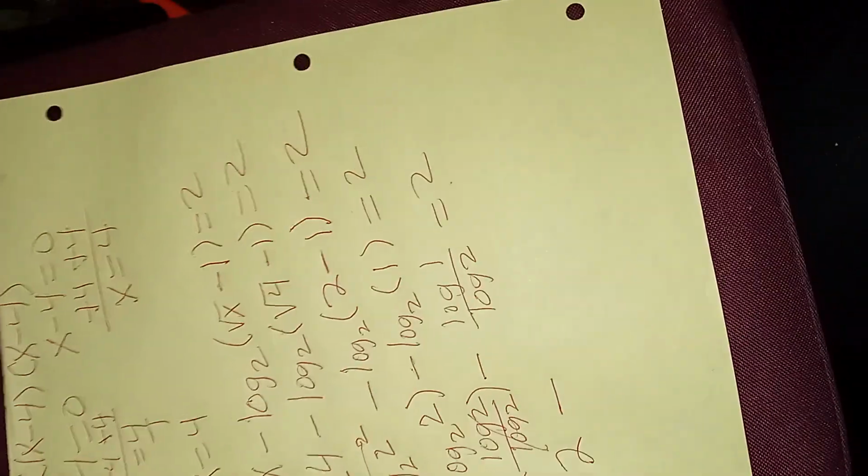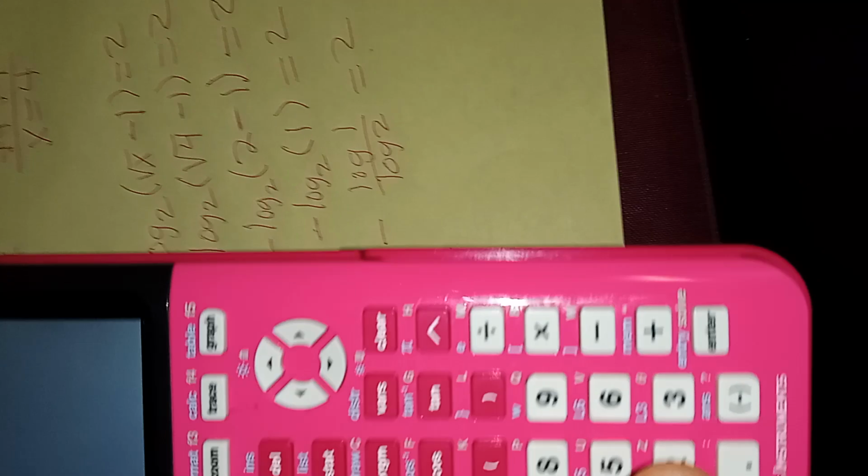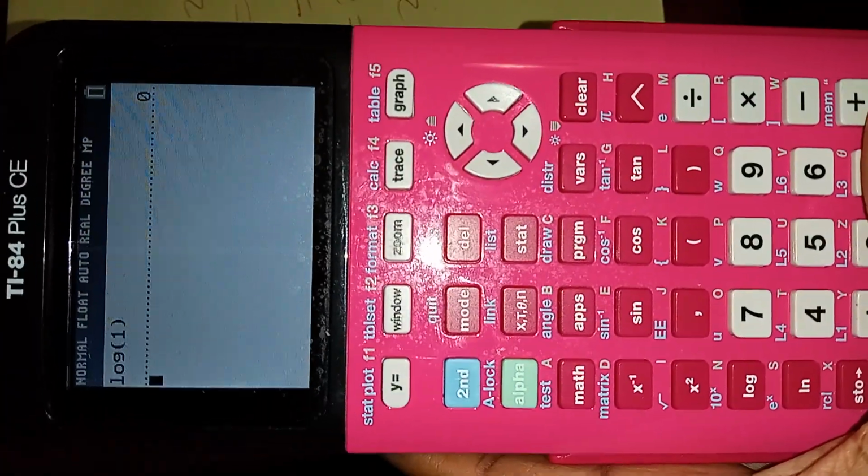And log of 1 is equivalent to 0 as specified on the calculator here. Log of 1 is equal to 0. Okay?